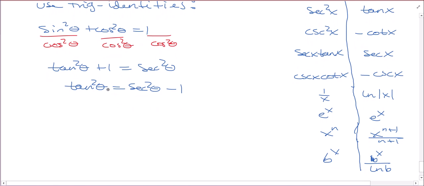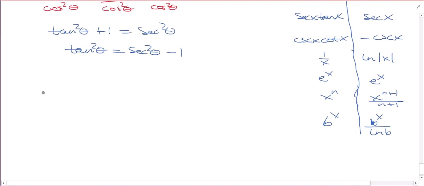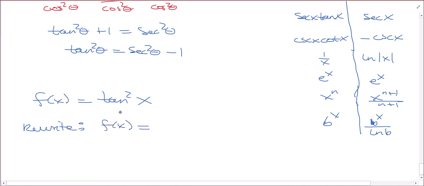All right, so then my tangent square is secant square theta minus 1. So we want to find the antiderivative of tangent square x. I know f of x is tangent square x. So I can rewrite this using that trig identity I just found: tangent square x is secant square x minus 1.